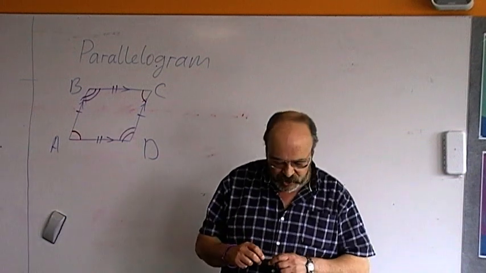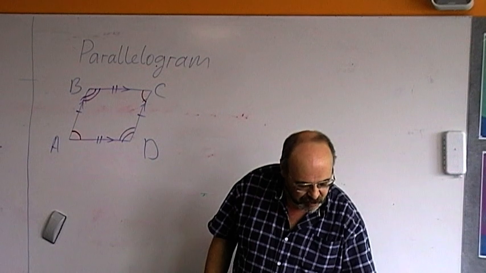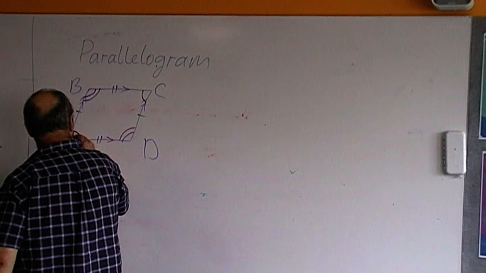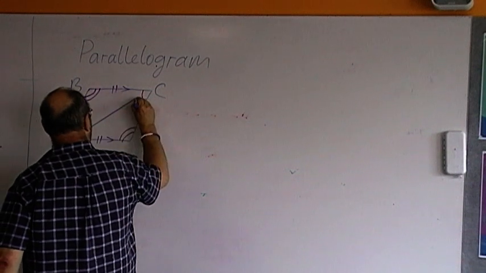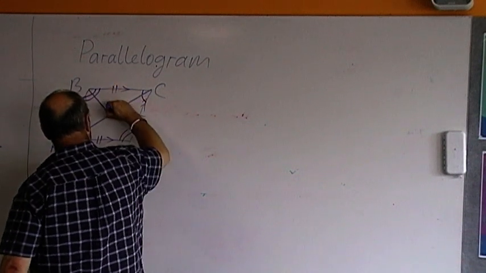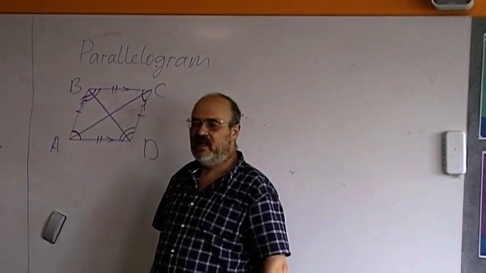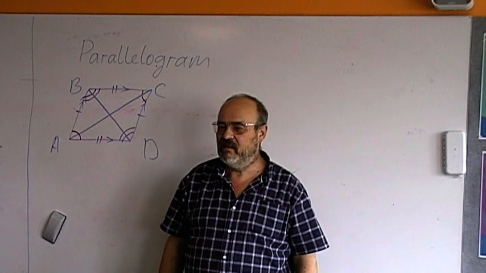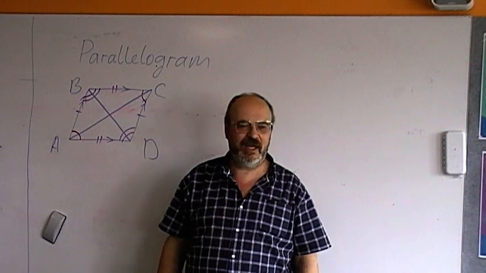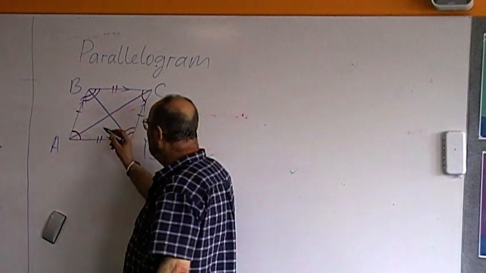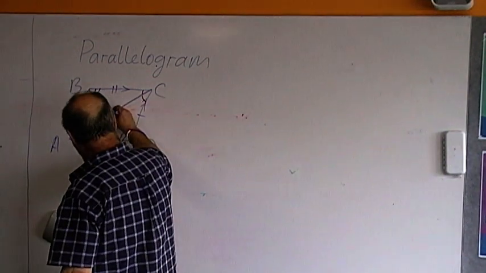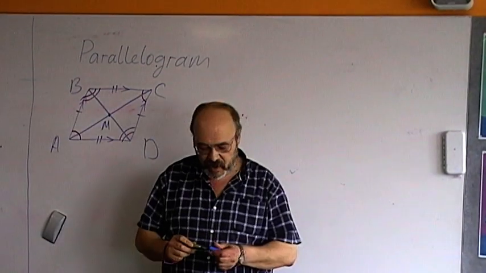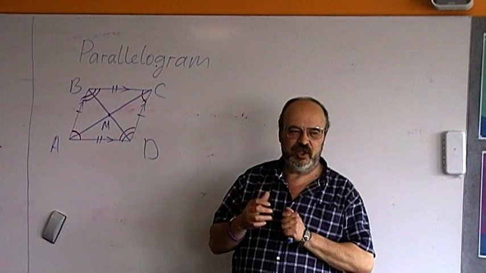Now, another feature of the parallelogram. How do we call the lines that connect opposite vertices? Diagonal. It's called diagonal. And let's say this point we call M. Diagonals of parallelogram bisect each other.